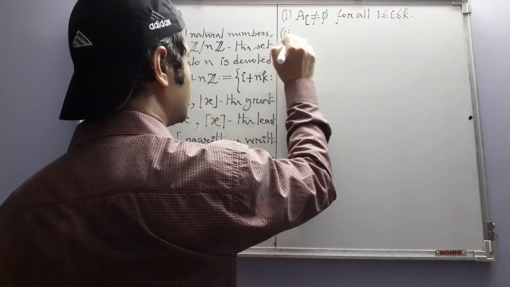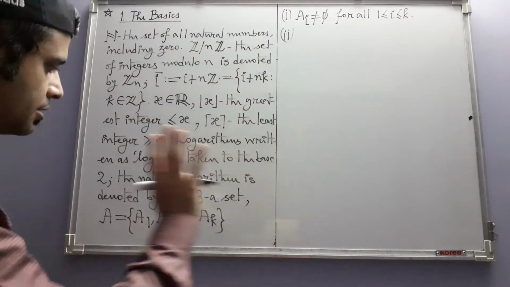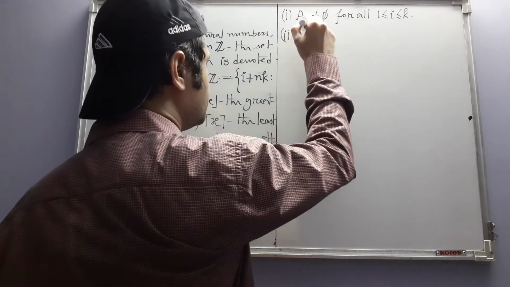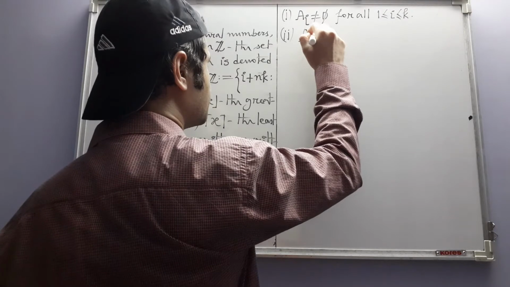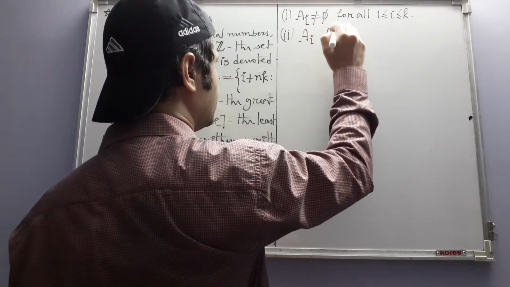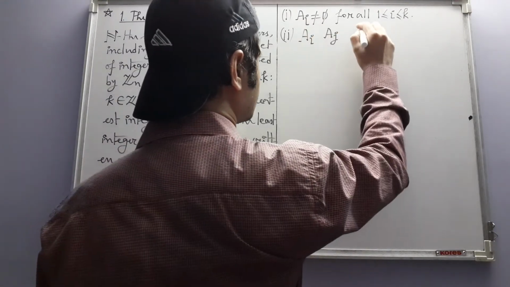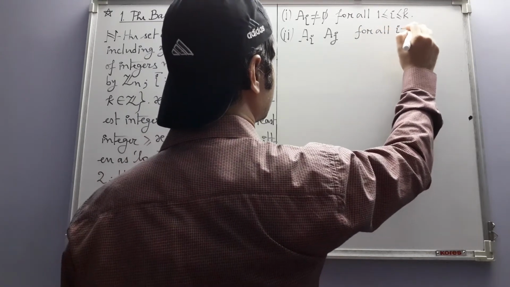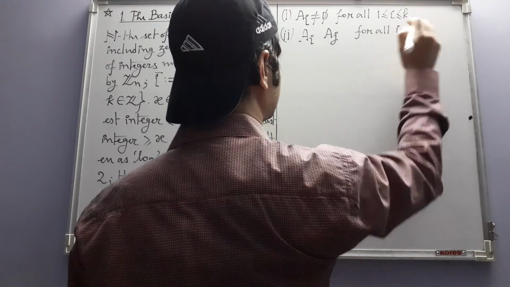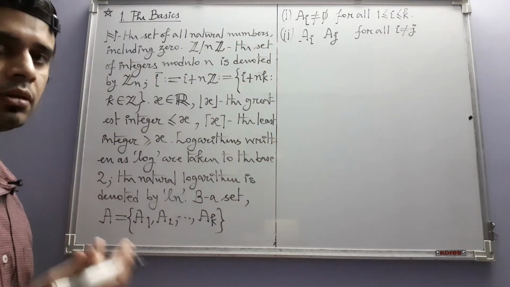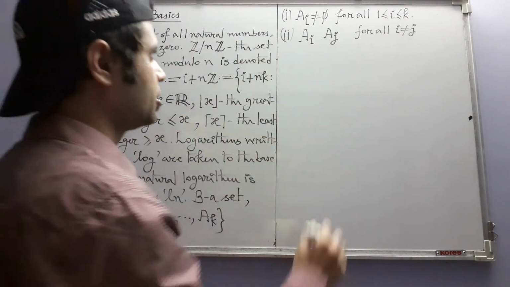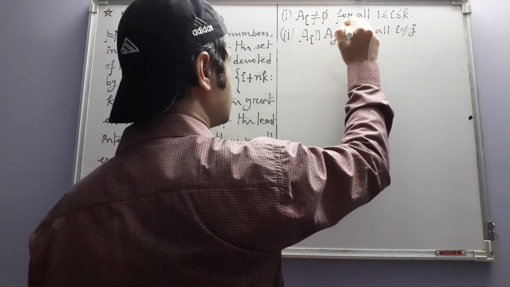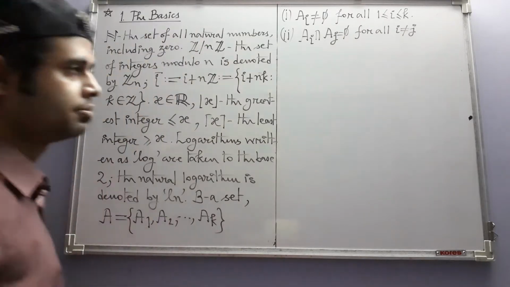The second property is that the sets in this collection are pairwise disjoint. That means if we choose 2 distinct sets from this collection, say Ai and Aj, i not equal to j, but each of i and j varies from 1 through k, then they have no element in common, that is, they are disjoint.